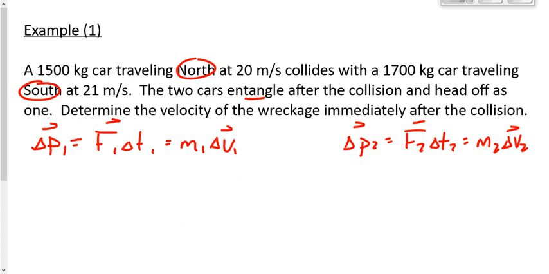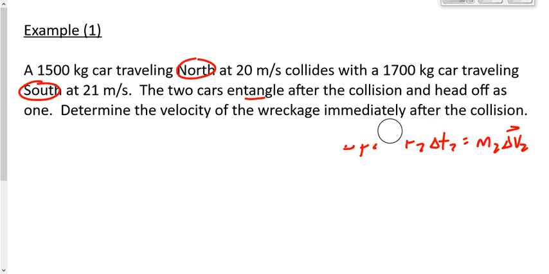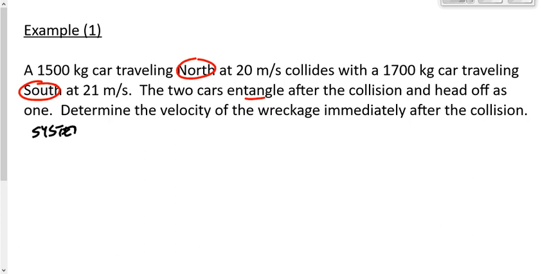What I want to do in the context of a collision almost always, even though this is valid, is analyze the system. If I'm going to analyze the system rather than an individual object within it, then I'm going to use principle 4, conservation of momentum. Pi is equal to Pf. Let's write down some givens here.